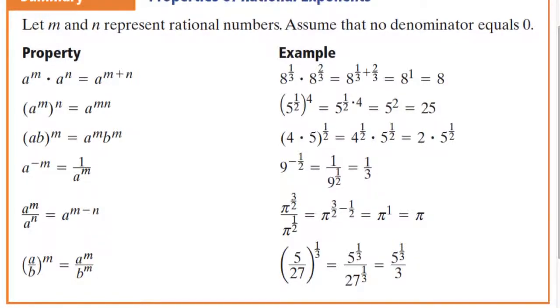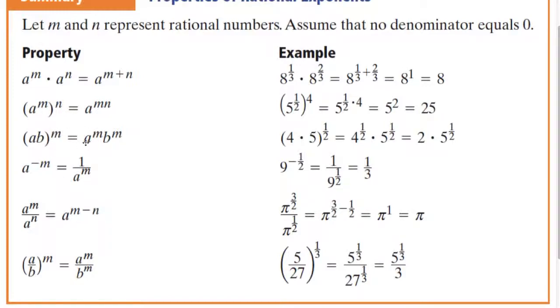And so you can see a^m times a^n. You keep your base, two separate terms. You keep the base, you add your powers. When you have a base raised to a power, and then that power raised to another exponent, one base, two exponents, you keep the base and multiply your powers.